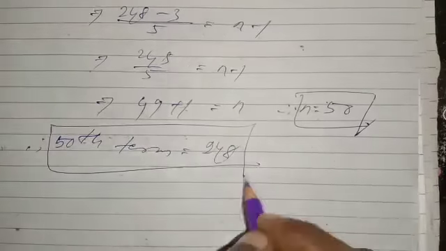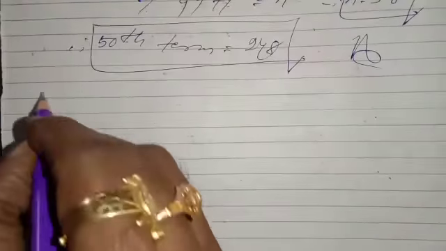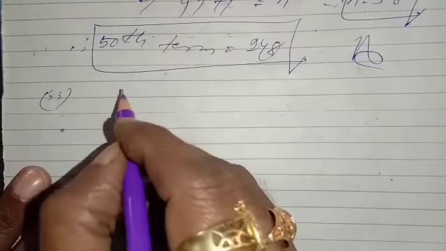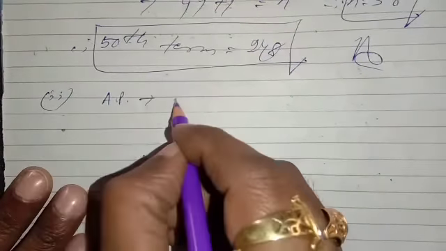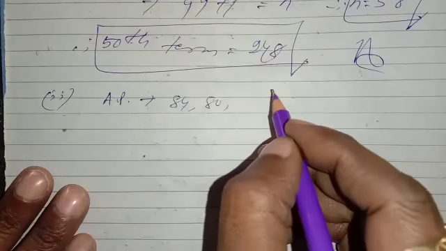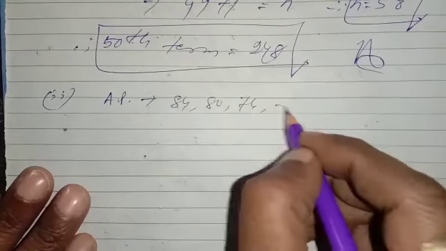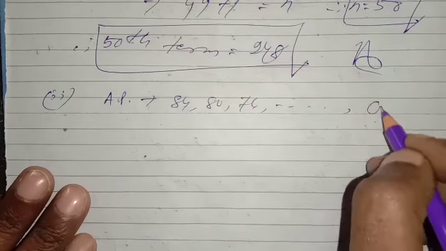And this is the required answer of number 3, first part. The number 3, second part, the given AP is 84, 80, 76, the last one is given 0.